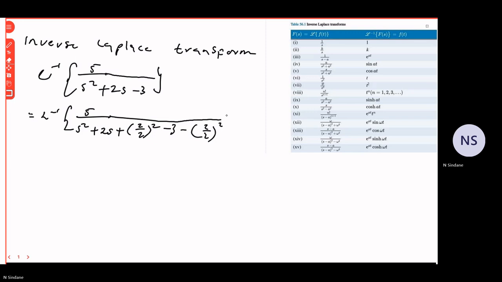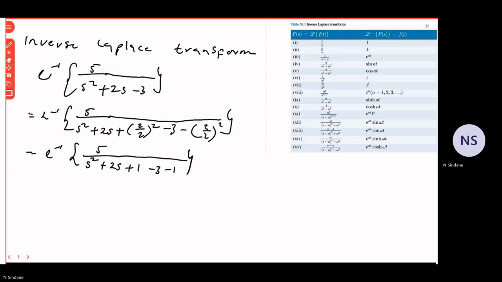Then the Laplace inverse of 5 over s squared plus 2s plus 1 minus 3 minus 1.